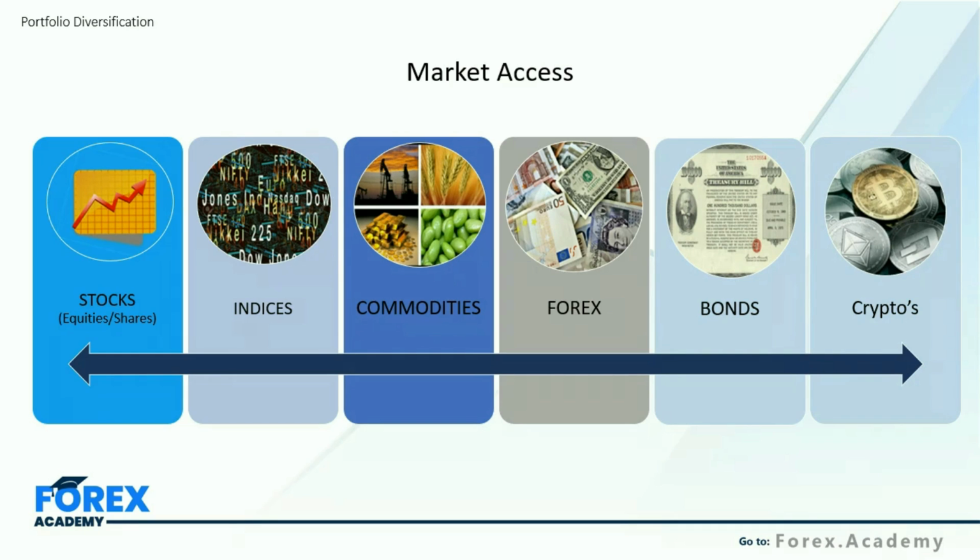So we could be talking about even produce and the dairy markets and meat and grains. So there's a whole myriad of different commodities which can all be traded on an exchange, on a global exchange, and we as traders can trade that price movement in those markets.